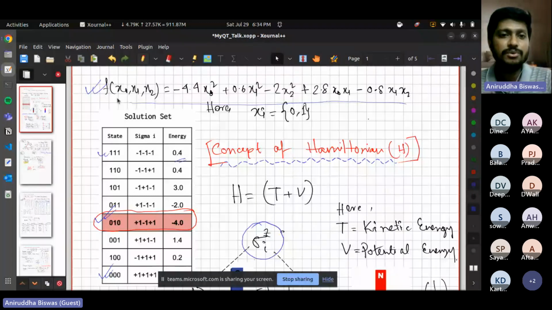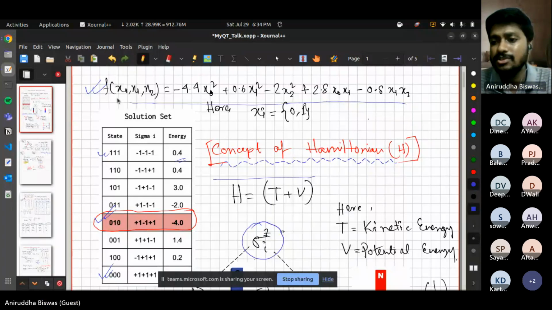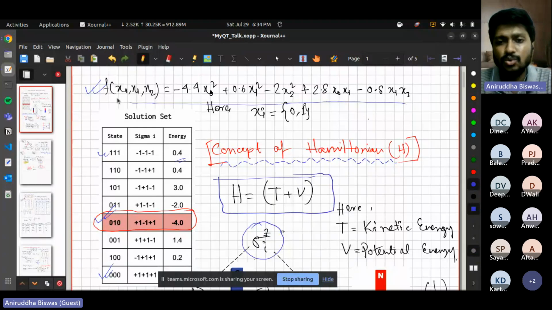Now if you want to have a Hamiltonian of it, we definitely have to do some kind of conversion of this mathematical expression and we'll get it. But before that, the Hamiltonian is basically a mathematical expression which says about the energy of the system. There are 2 parts of it: one is the kinetic energy, that is T, and another is the potential energy.